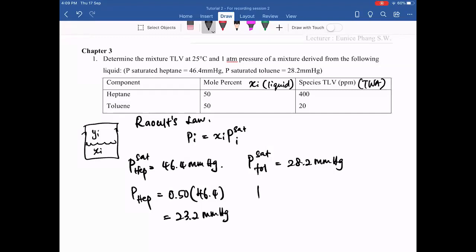And also we have pressure for taurine. We have 0.5 times 28.2. So we get 14.1 mmHg.